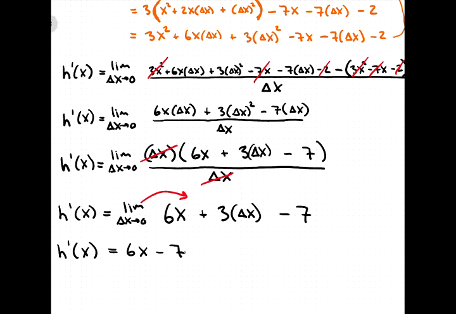And we want the slope of the tangent line, which the derivative tells us, specifically when x is equal to 3. So the slope of the tangent line is equal to h prime of 3. Or, if we plug in 3 for x, 6 times 3 is 18. 18 minus 7 is 11. Okay, so we have our slope.